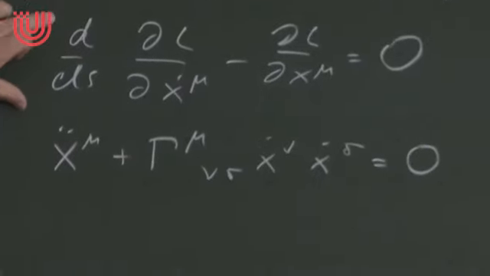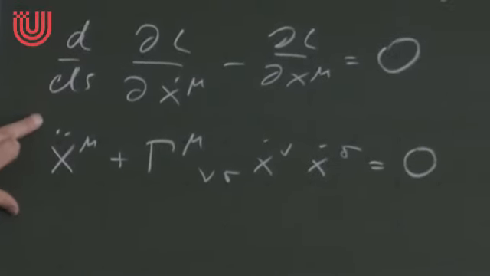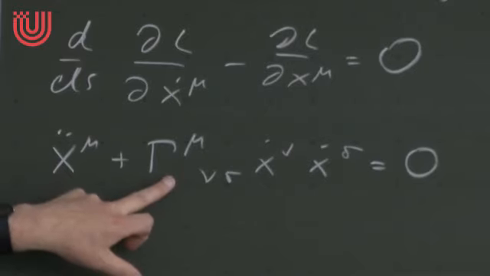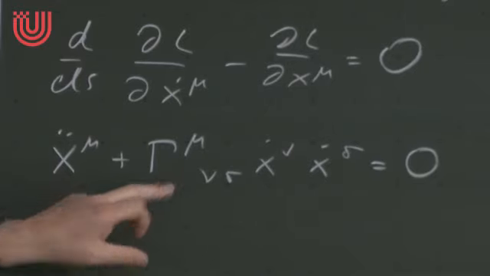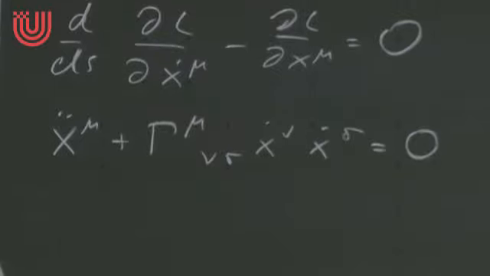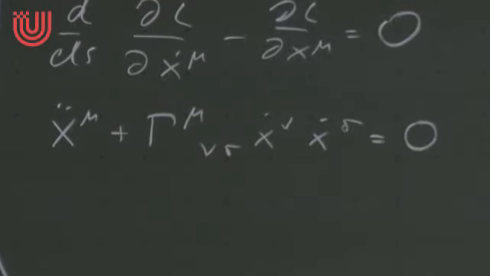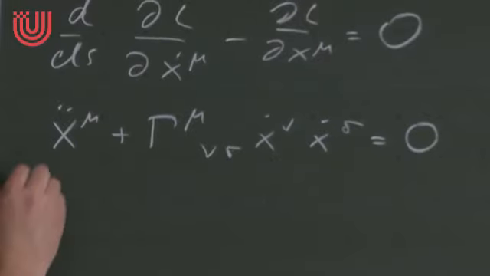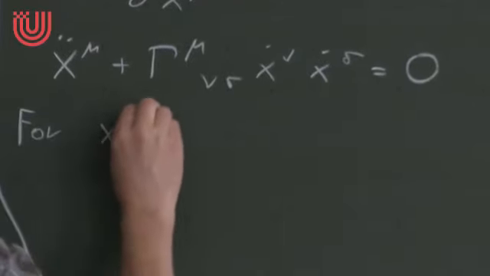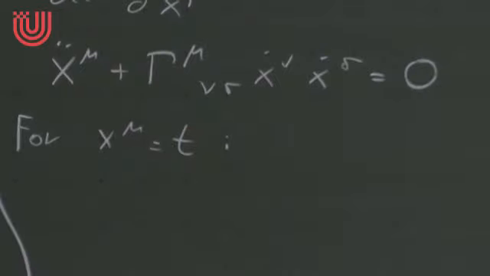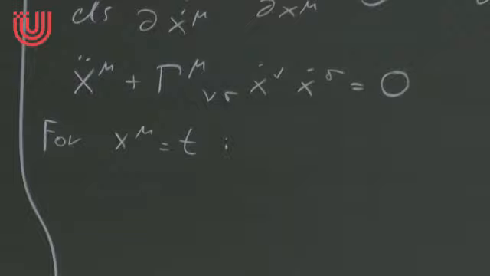So we write this for the 4 components, compare it with this expression, and read the gammas from this comparison. So that's usually the quickest way to determine the gammas. I will do this for x mu equal t. And for the other 3 components, I will just write the result.